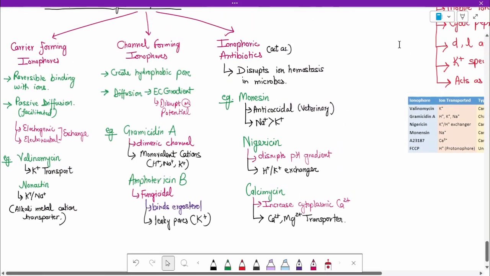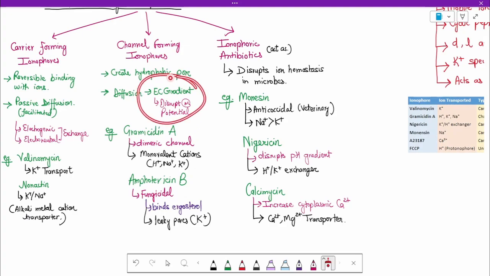We are coming to channel forming ionophores. They form a hydrophobic pore that can shield the charge and allow the ion to be transported across the plasma membrane. It does this transport through the electrochemical gradient, because if it is a charged ion, it is transported along the electrochemical gradient.